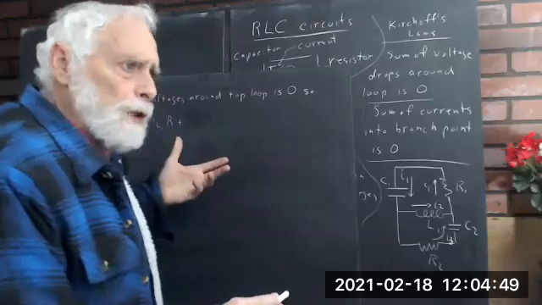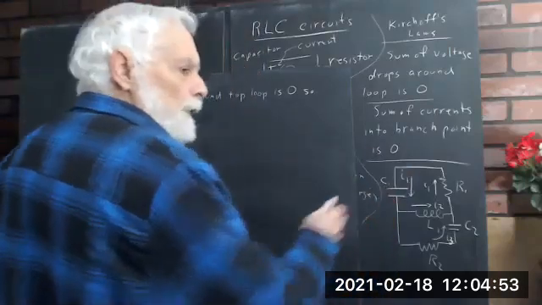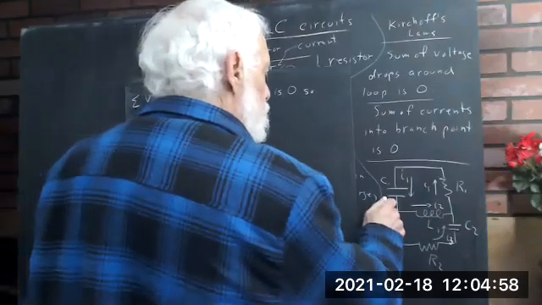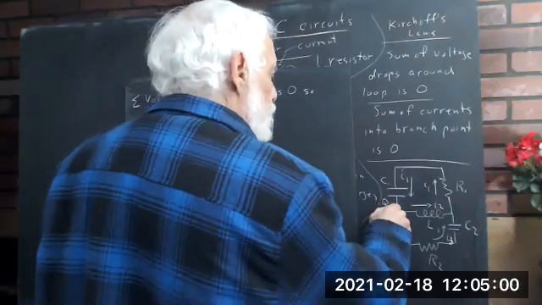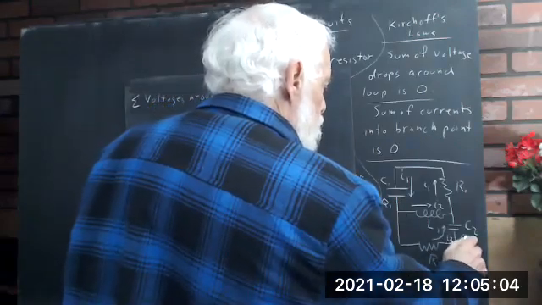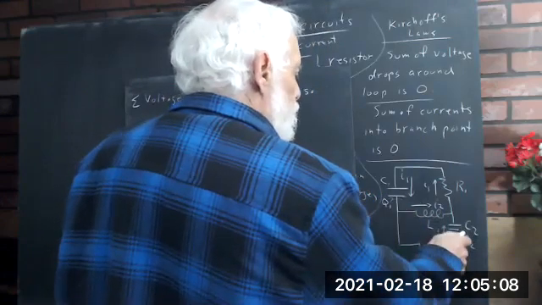We got some kind of charge on the capacitor. We got I1 passing through the capacitor. What determines the voltage drop of the capacitor is Q1. And what determines the voltage drop on this capacitor is Q2.